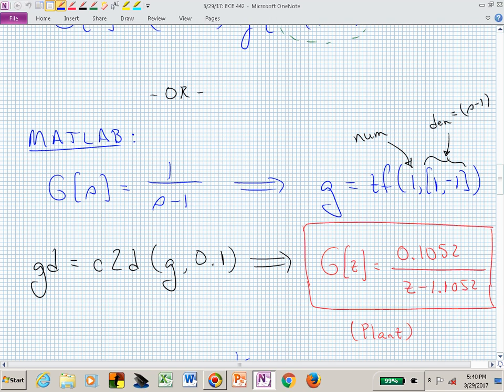So if you don't say with a third argument in c to d what you're using to do this mapping from continuous to discrete, it defaults to the zero order hold equivalent. You give it the sample period 0.2, you tell it what g is, and g we've defined as a transfer function with a numerator of 1 and a denominator of s plus a minus 1. That gives us our s minus 1. We simply in MATLAB say c to d to get g sub d or gd, and we'll obtain then g of z equaling that.